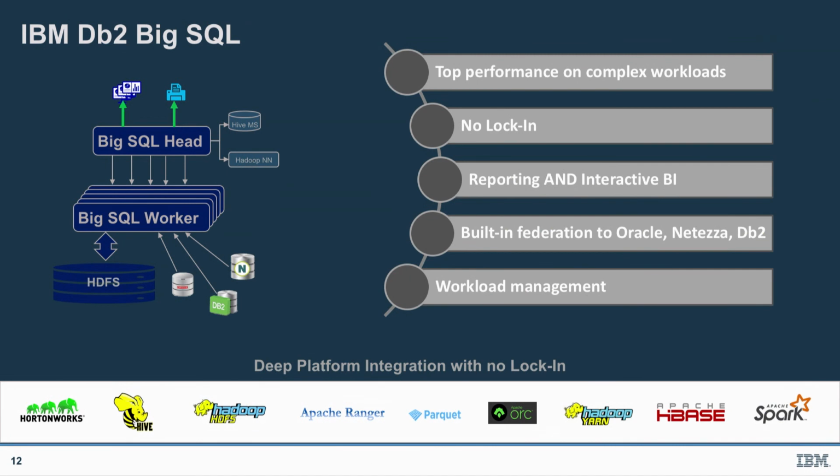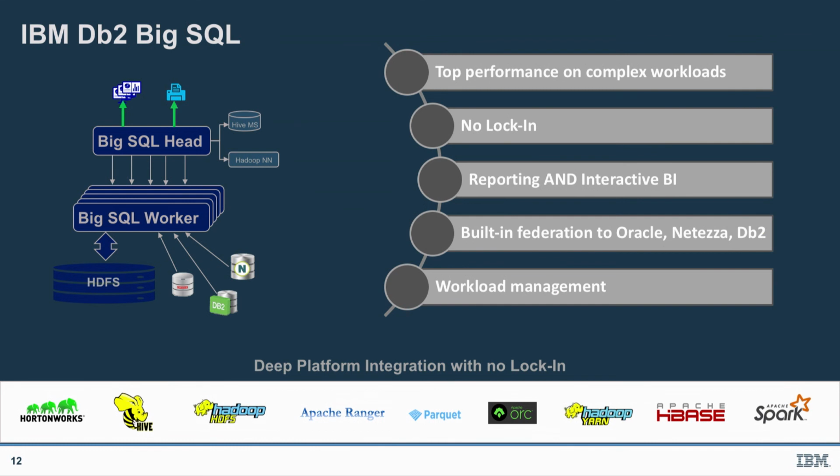Now let me take a step back and talk about Big SQL. Big SQL is an MPP engine, just like Hive LLAP. It runs on Hadoop, and it's deeply integrated with a number of components of the HDP platform, as you see at the bottom. Its most remarkable feature, coming from IBM, you wouldn't be surprised: it handles complex workloads very well, and it has all the enterprise bells and whistles.